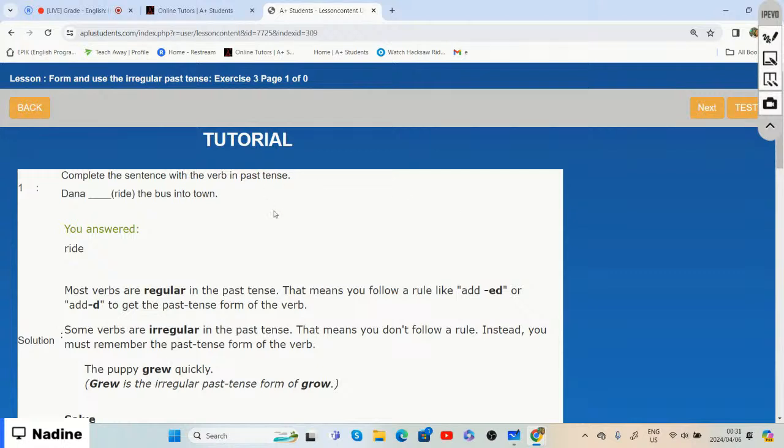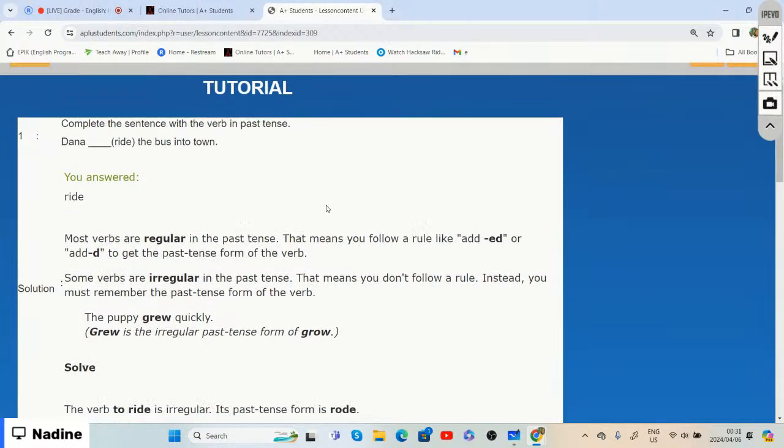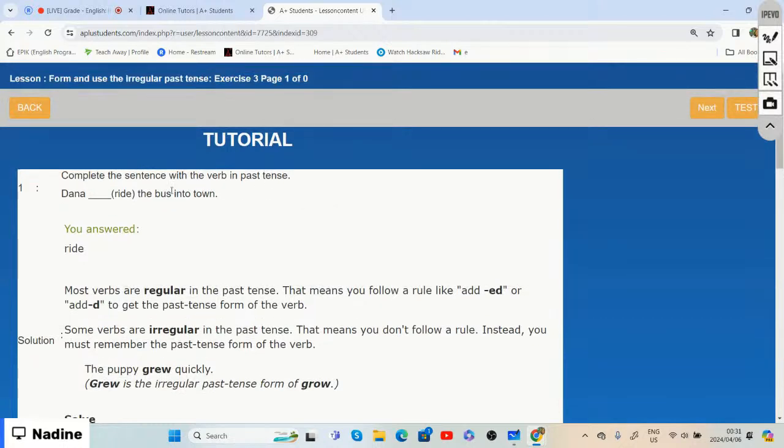All right, so now we're going to look at this activity. It says complete the sentence with the verb that is in the past tense. Dana ride the bus into town.